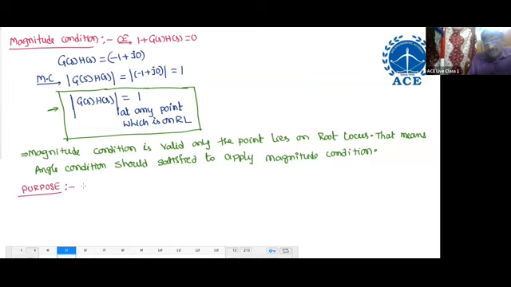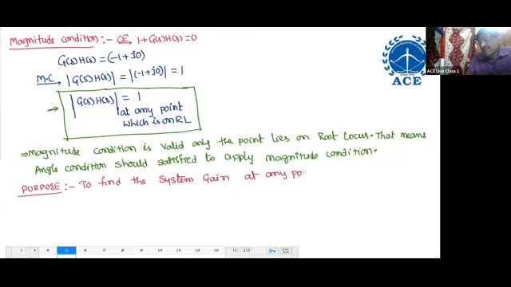The purpose is to find the system gain at any point which is on the root locus.